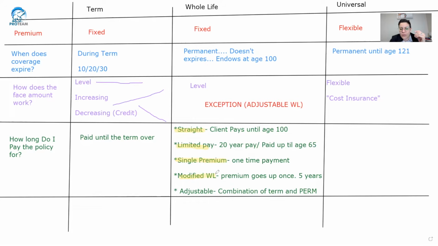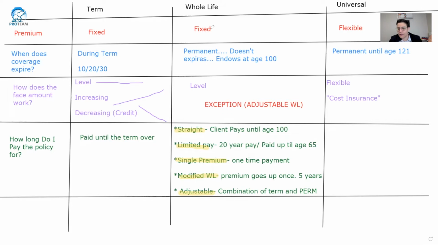You're going to see modified whole life, or you're going to see adjustable whole life. Okay. Loaded and graded. Graded has something to do with when the person is not healthy. So it just means that they ended up getting rated. But the premium goes up once.